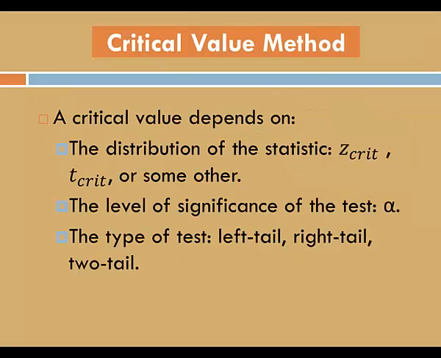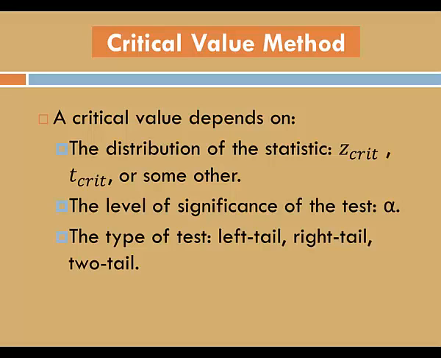A critical value depends on several things. The first thing we should consider is the distribution of the test statistic. If the test statistic follows a standard normal distribution, then we should use a critical value of z. In other words, z critical. If the test statistic follows the student's t-distribution, then we should use a critical value from the t-distribution.